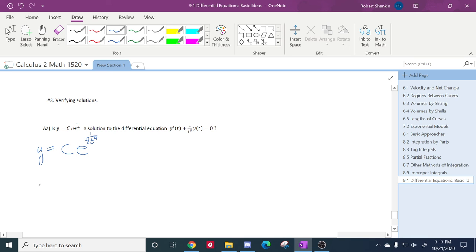So then y prime is equal to, when I take the derivative of this, I get itself. I'm going to write it like this though. Because I have to use the chain rule and take the derivative of this. When I take the derivative of this, the 4's will cancel. I'll get negative t to the negative 5.